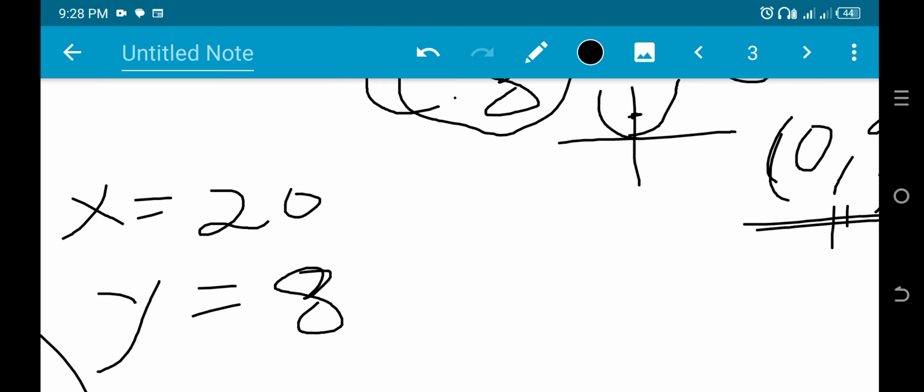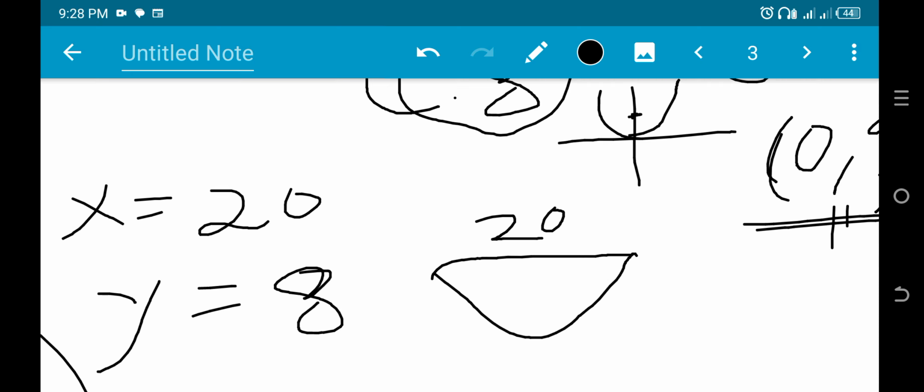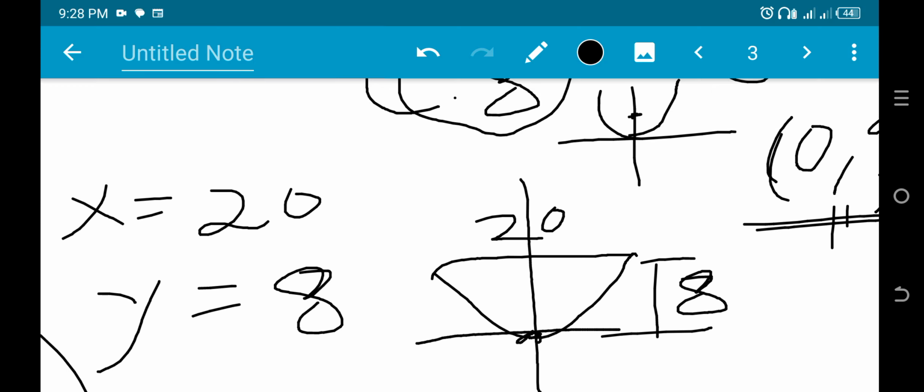So you'll be required to draw the paraboloid. When you draw it, it will be 20, then here 8. Now you do the same thing. You put the vertex on the xy plane. Then you understand that the x distance is not 20, but 20 divided by 2.